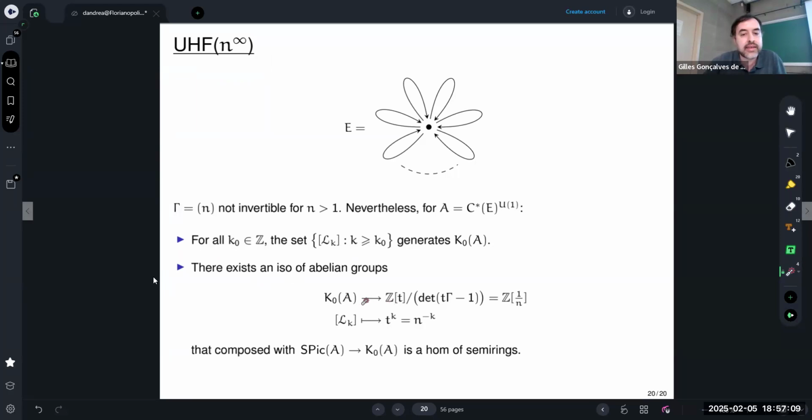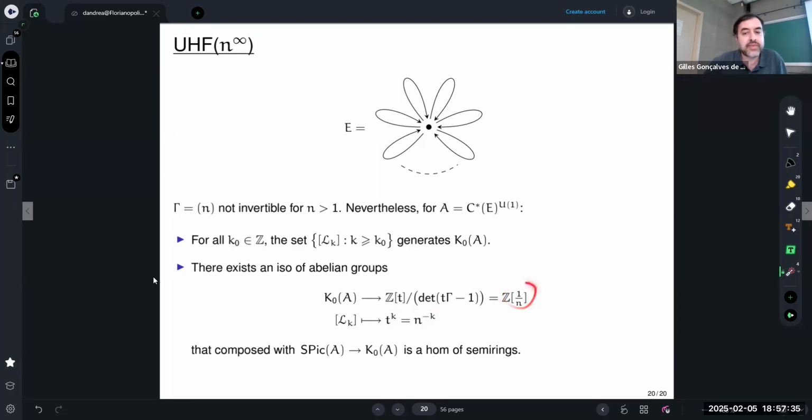And still, there is an isomorphism of abelian groups from the K theory of the fixed-point core to the same ring that I wrote before, which in this particular case is the ring Z[1/n], so integer polynomials evaluated at 1 over n. If n is equal to 2, this is the ring of dyadic numbers. I think it's called n-adic in general.